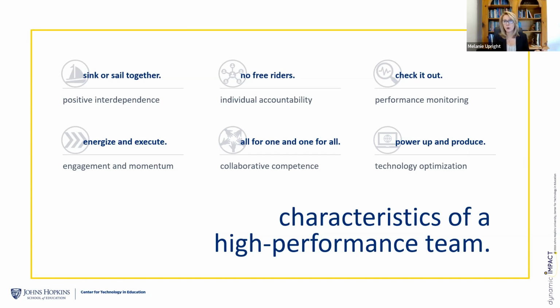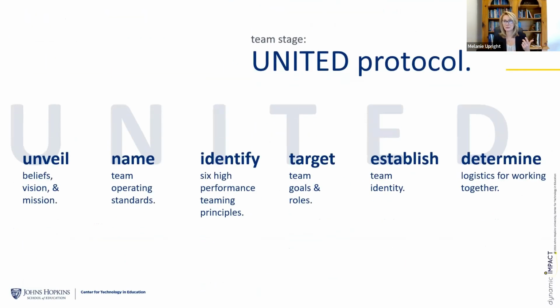And we know that the whole world of education is changing in such a way where we have to have this capacity to manage technology. So the team is now coming together to say, we're going to help all of us grow and advance in technology optimization so that we can meet our goals. Really cool stuff. So the United Protocol then is composed of 6 clear-cut steps, to advance high-performance teaming.